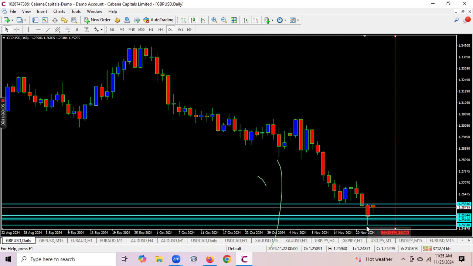After the liquidity gets cleared, you should look for buy opportunities on GBP/USD. But at the moment, you should look for sell opportunities.